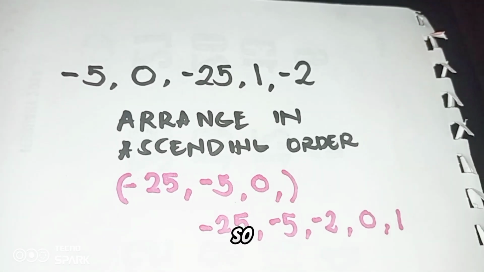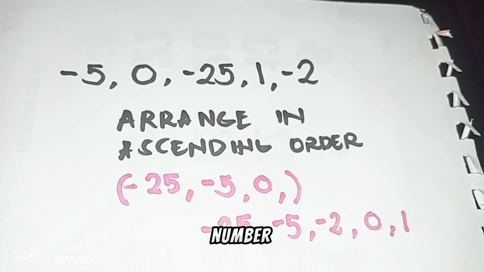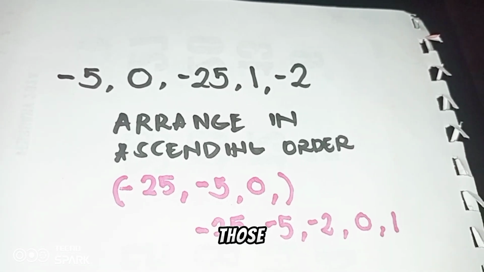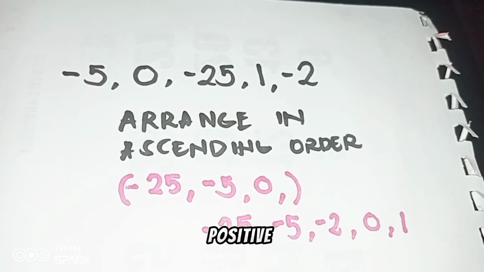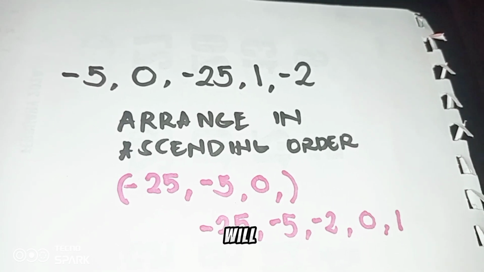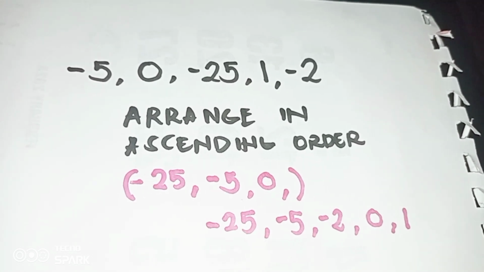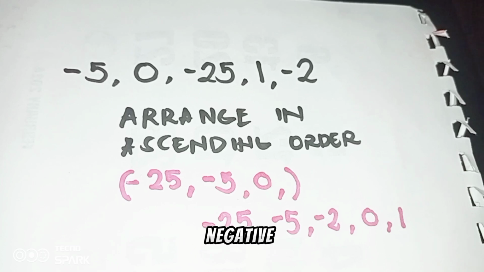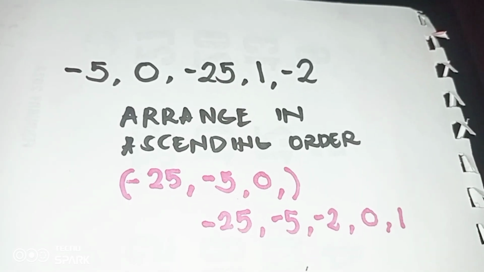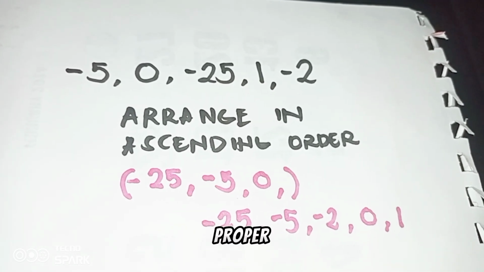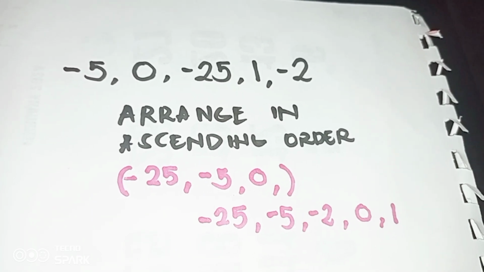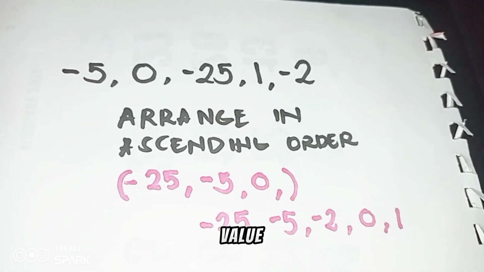So be familiar with the number line and with the integers, the negative values and positive values. Zero can be neither negative nor positive. That's the property of 0. It is the middle value.